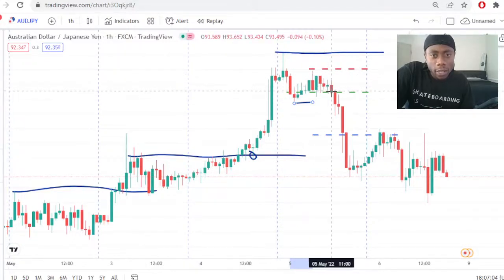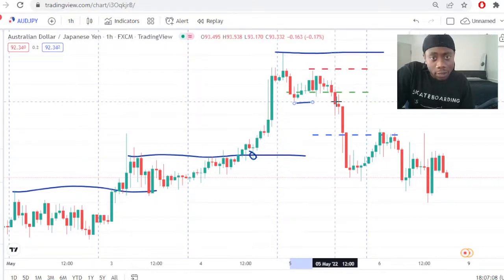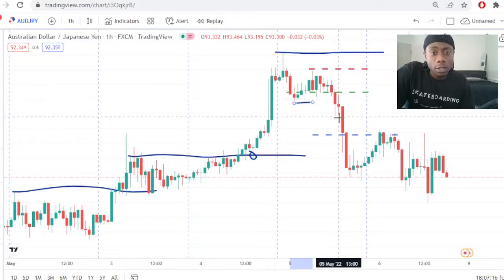Now, as the market came back down here, I did wait and anticipate if there was going to be a bounce at this level or a drop, in which the market did find a little bit of additional momentum and drop through here, which was a good sign to me that there was some interest down here.